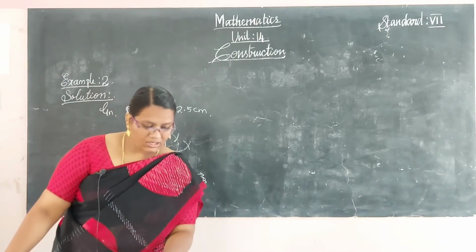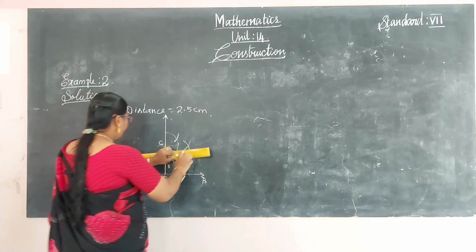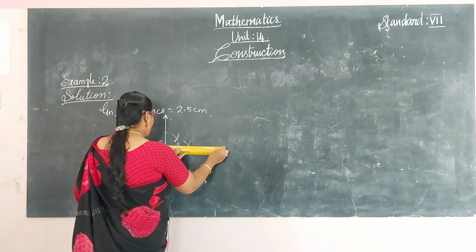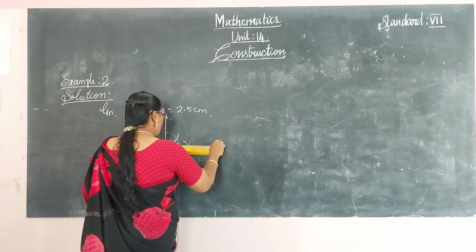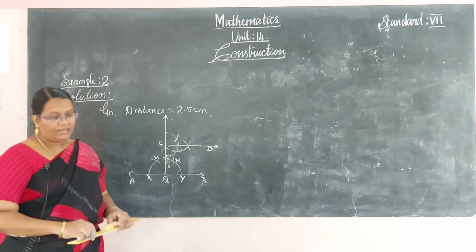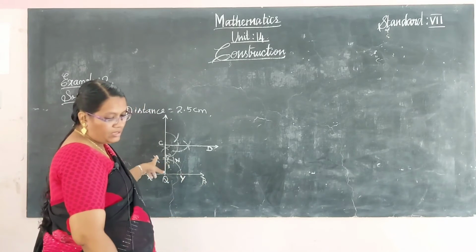Now join these arcs from C to D. Okay, C to D, that is denoted by D. Do you understand this?